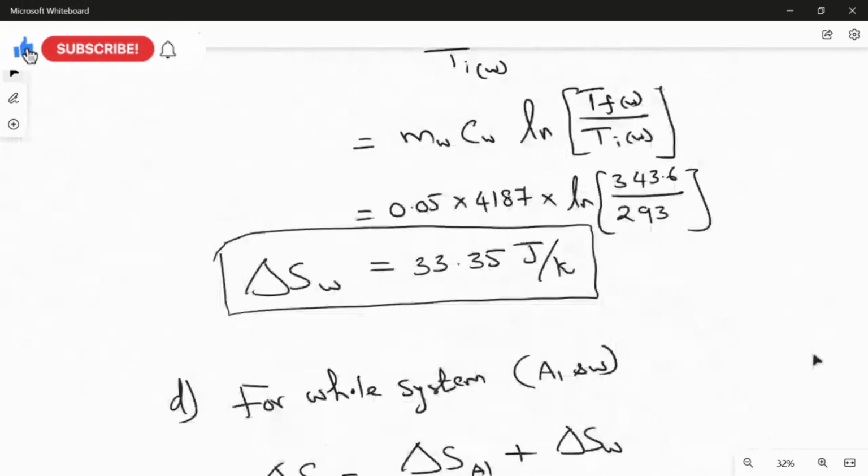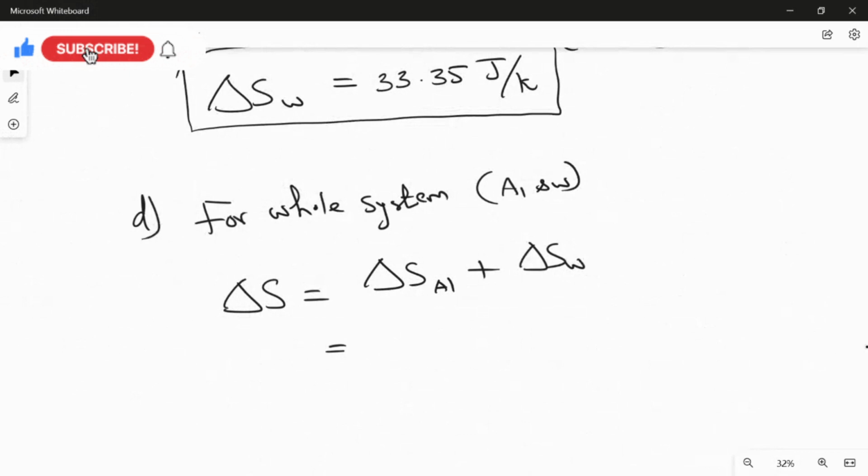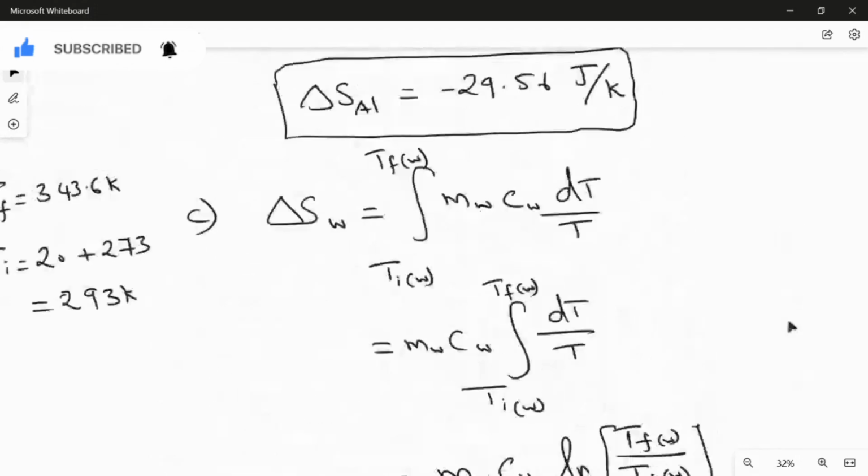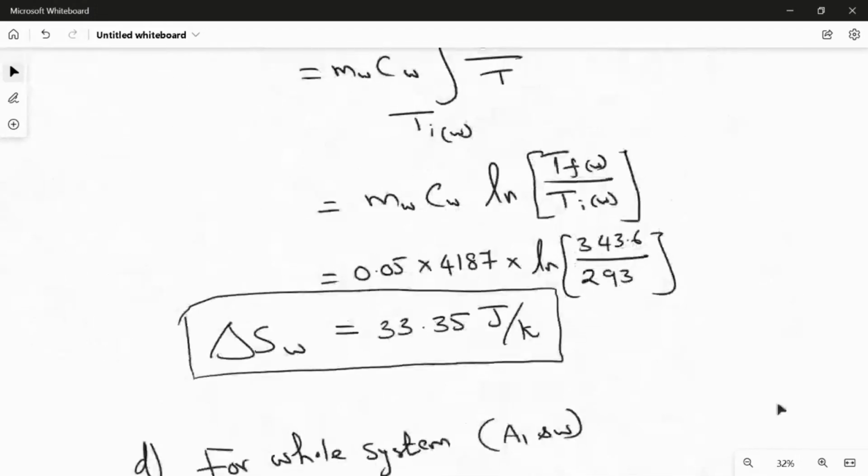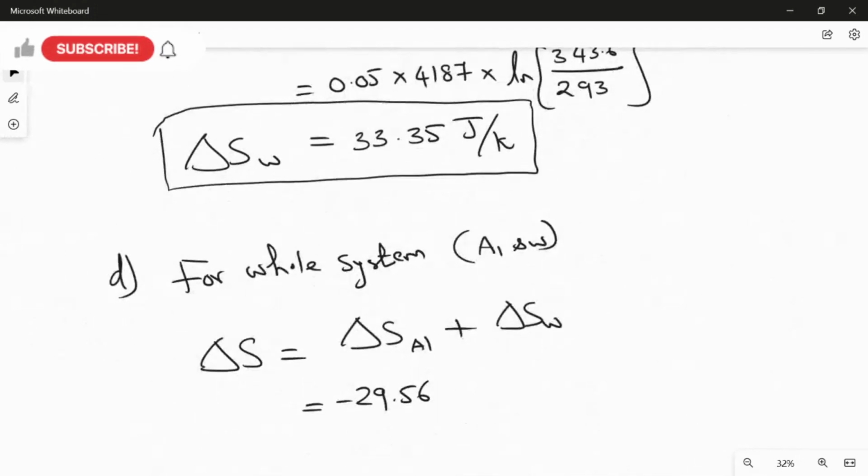29.56, I have to write this value for aluminum, minus 29.56, yes, right, plus the entropy change for the water, which is 33.35.